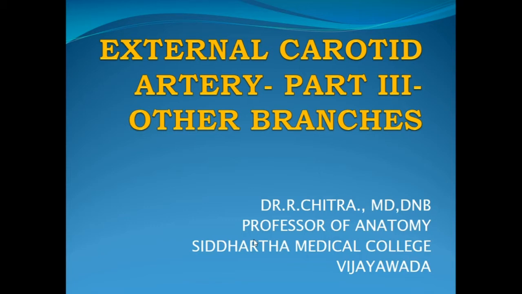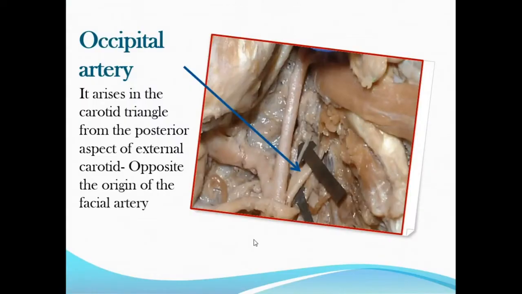External carotid artery, other branches. So we have covered the superior thyroid artery, lingual artery and facial artery, which are the anterior branches of the external carotid artery. And also we have covered the ascending pharyngeal artery, which is the one medial branch of external carotid artery. So now we are seeing the occipital artery.